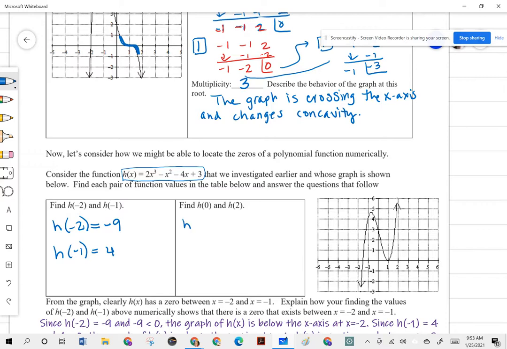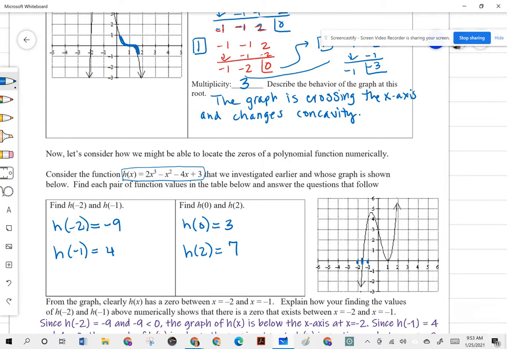And then let's also do that since we're on a roll. Let's evaluate h of 0, which should give us 3. And then h of 2, again, you can plug that into the function and do your algebra, but you should get 7. So now it says from the graph, clearly h of x has a 0 between -2 and -1, right?